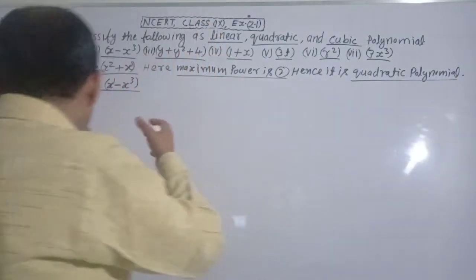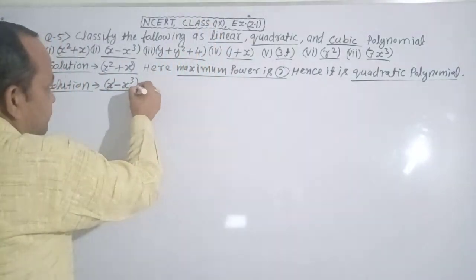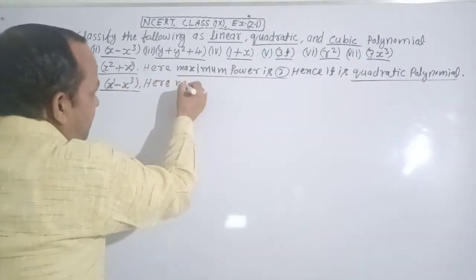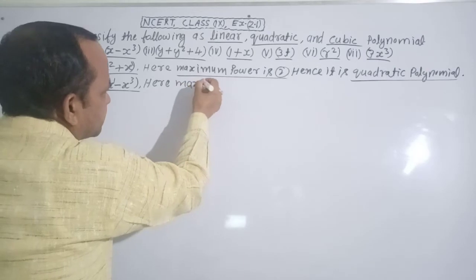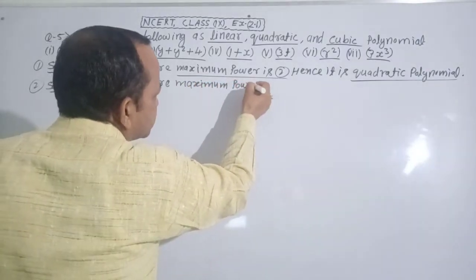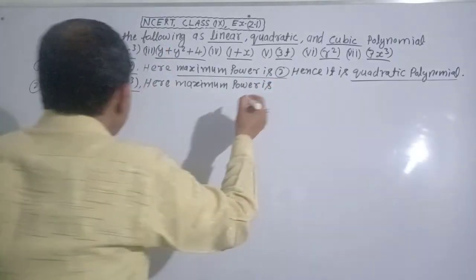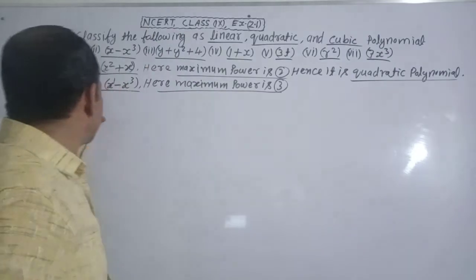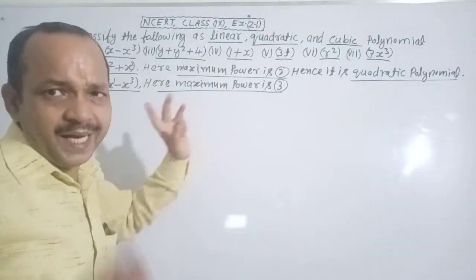ax cube plus bx square plus c equal to 0. Clear? See the board. Here the maximum power is 3. Maximum power is 3. Here, clear?